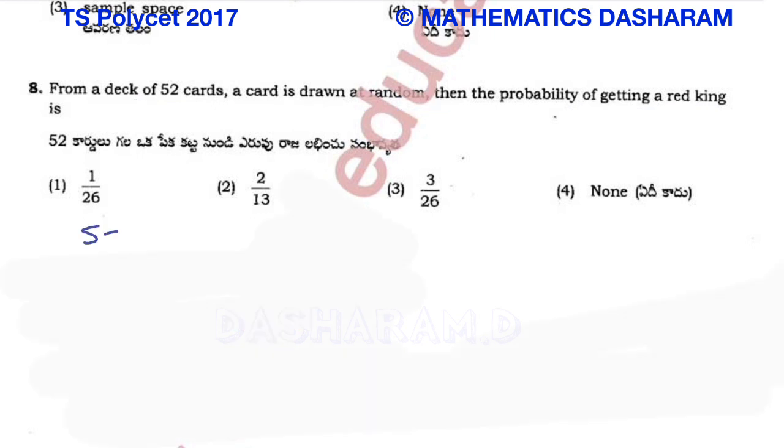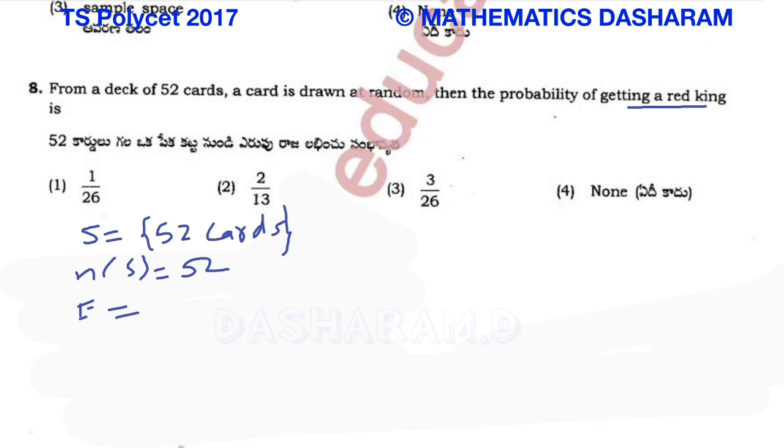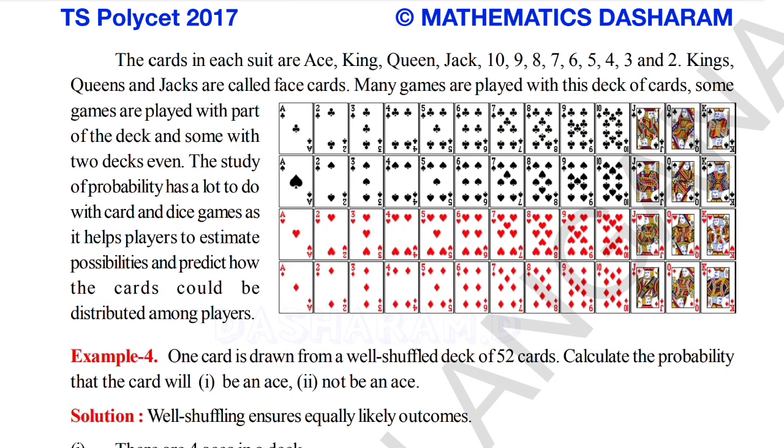So first the sample space S equal to total number of cards in the deck. So n of S, number of elements in S, that is 52. Now the event E equal to, what is that? Getting a red king card. So the 52 cards are divided into 4 suits. Here these are the 4 types of cards.